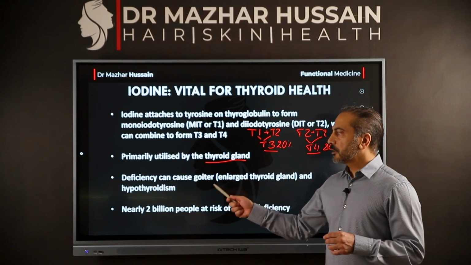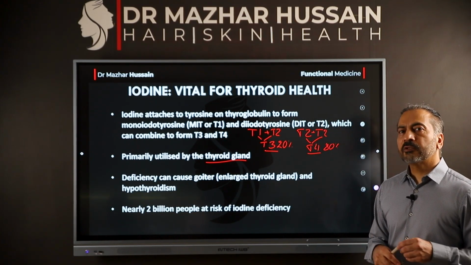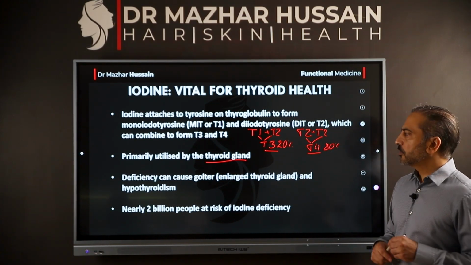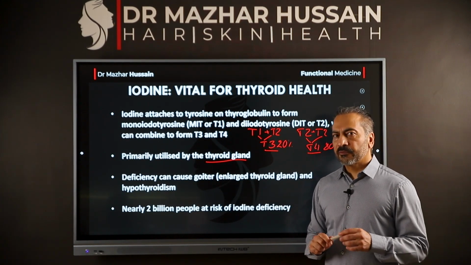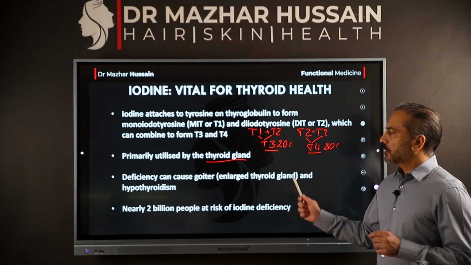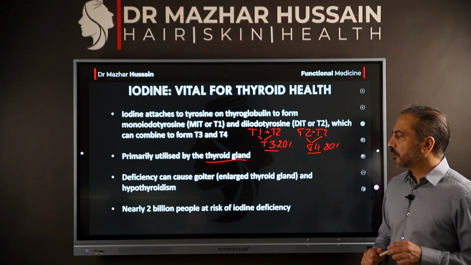In many developed countries, the salt is usually enriched with iodine to ensure sufficiency. And in many countries, this is not much of a great concern, but in developing countries, you will see people with iodine deficiency.